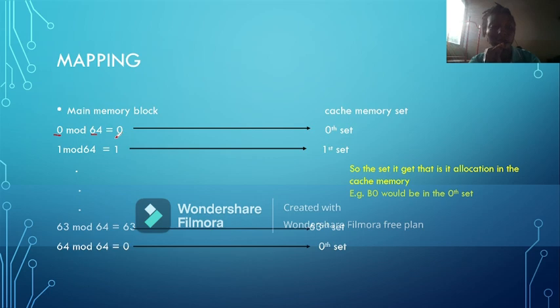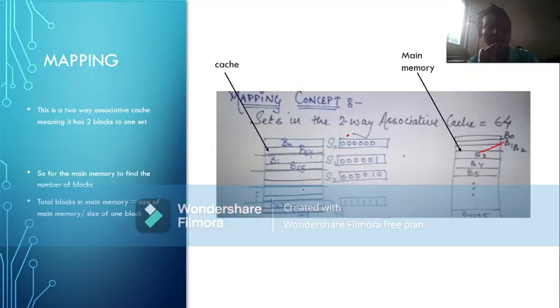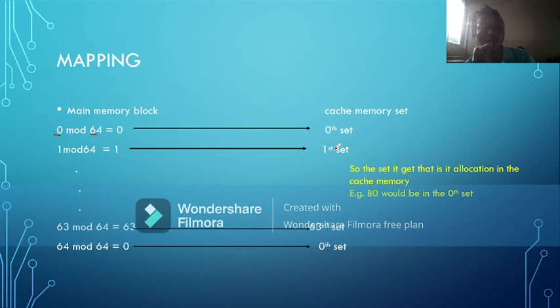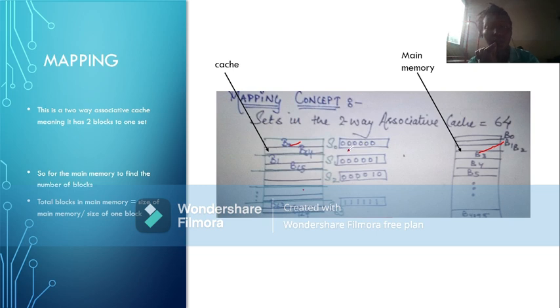So it is the zeroth set, and we place B0 inside S0. If we move to the next one, that is 1 mod 64, which is 1. So it's supposed to be inside the first set.